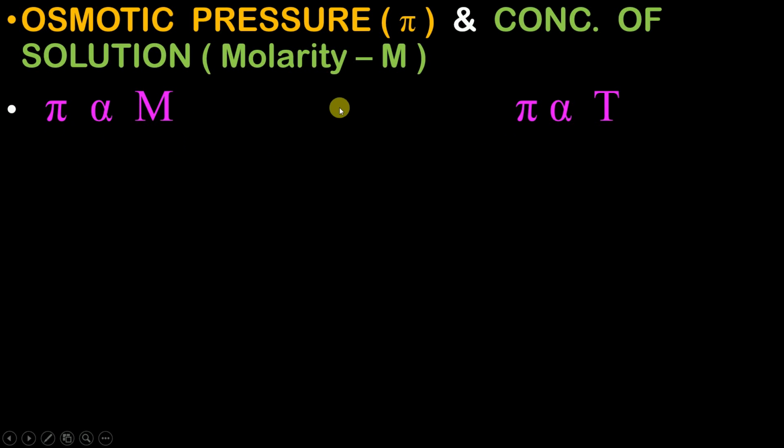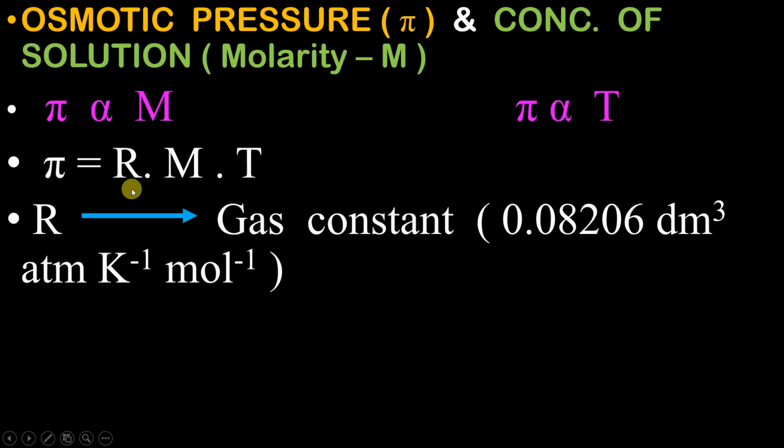Okay, now after combining these two relations, we get to know the formula of osmotic pressure, that is pi equals R into molarity into temperature, and this R is nothing but the gas constant, whose value is 0.08206 dm cube atmospheric pressure Kelvin inverse mole inverse. Clear with this? And guys, the value of osmotic pressure that you will get will be in terms of atmospheric pressure. Its units will be atmospheric pressure.